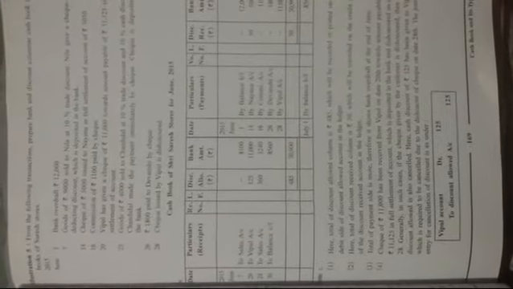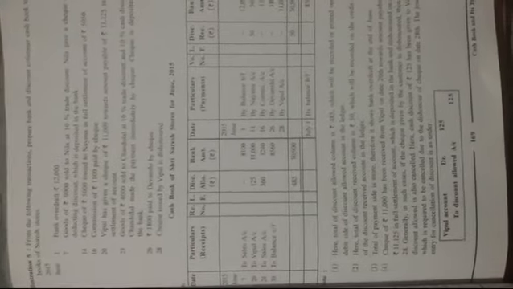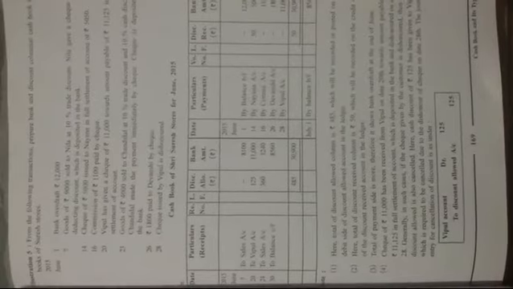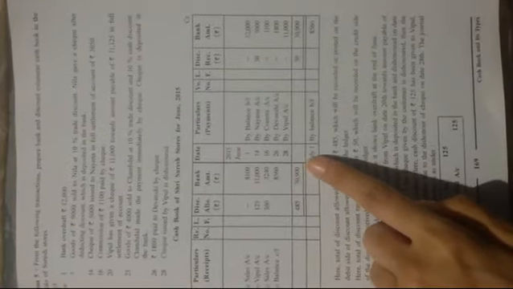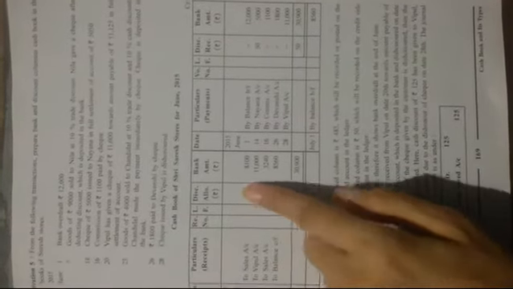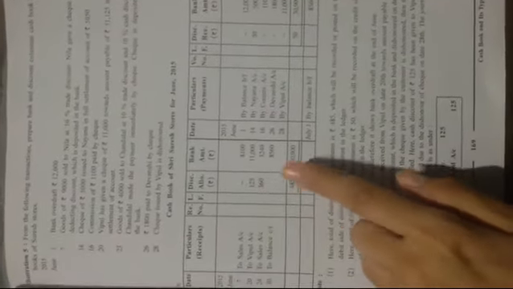So now we are done with recording all the transactions. At the end, when you are finished with recording all the transactions, you all know that for discount received or discount allowed, you don't have to balance both the accounts. You just have to total them. So here the discount allowed total is 485 and the discount received total is 50.